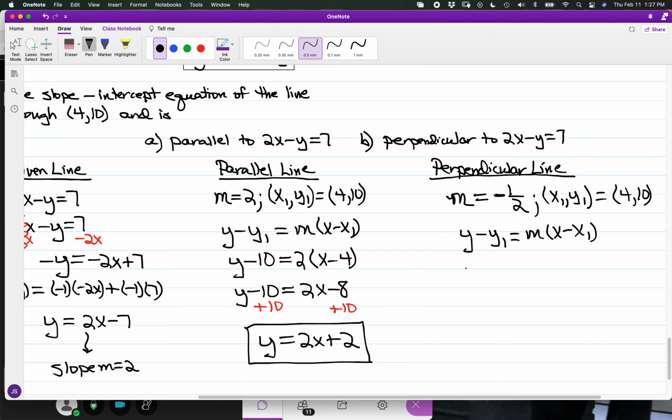And so we have the point slope setup. Again, we have y minus 10, slope m is now negative 1/2, times the quantity of x minus 4. So this is the point slope equation for the perpendicular. And upon arriving at the slope intercept, if I distribute negative 1/2 over the quantity of x minus 4, we'll have negative 1/2 of x, and negative 1/2 of negative 4, that's going to be a positive 2.